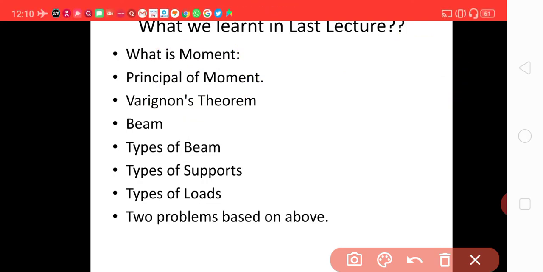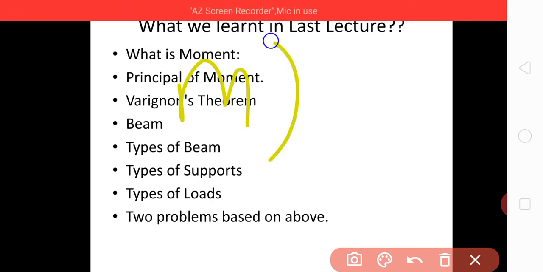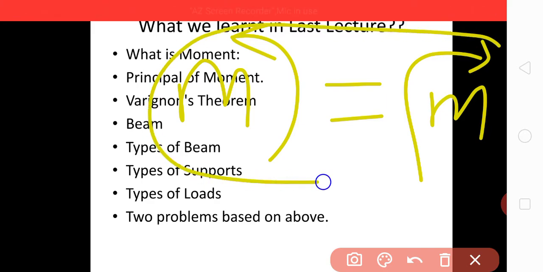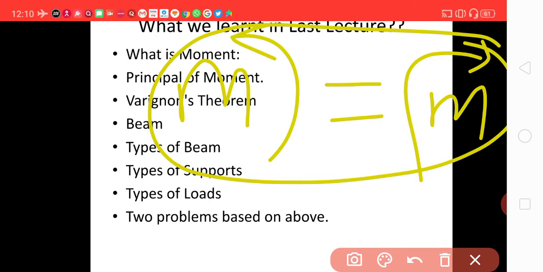Similarly, M counterclockwise will be equal to M clockwise. Then the conditions will be fulfilled, and this is the principle of moment: when a body is in static equilibrium under the action of a coplanar non-concurrent force system, then its sum of the moments will be 0. It means the sum of the counterclockwise moments will be equal to the sum of the clockwise moments.